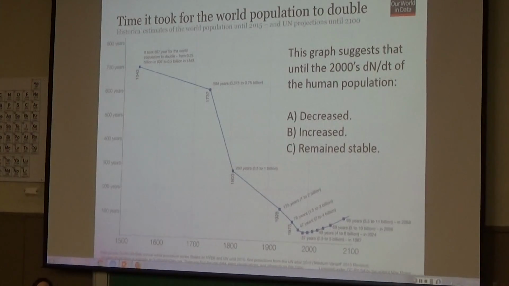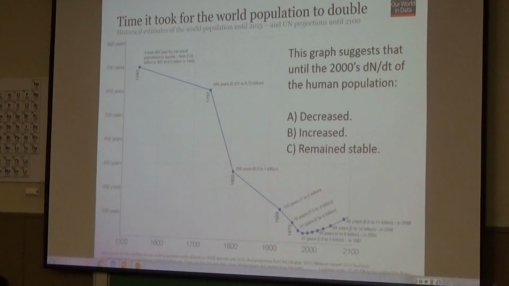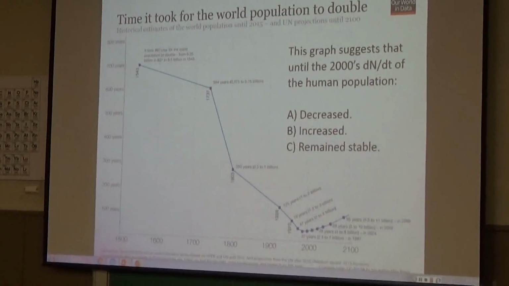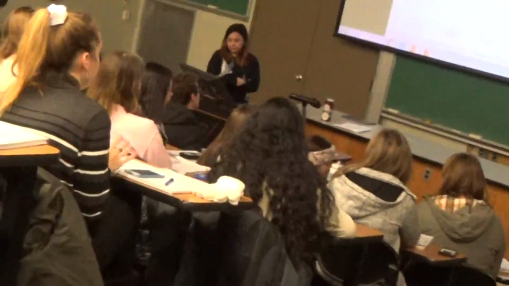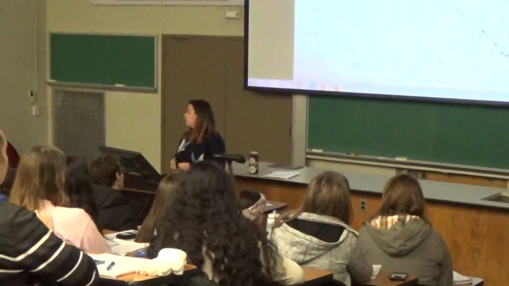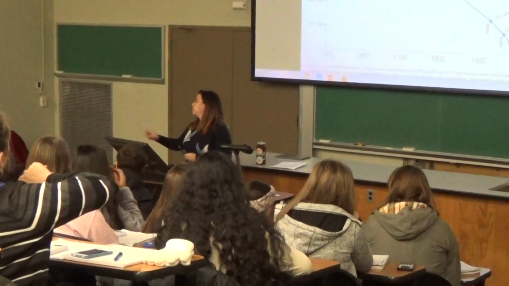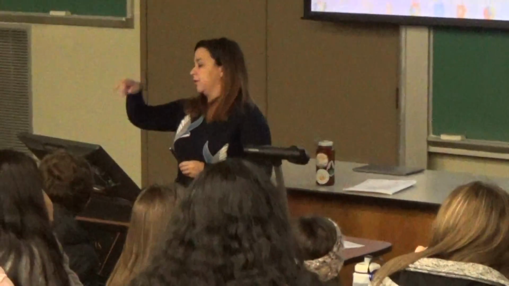So it's taking less and less time for the population to double. What does it mean for the population growth rate? It's a little messier. All right, let's pause.